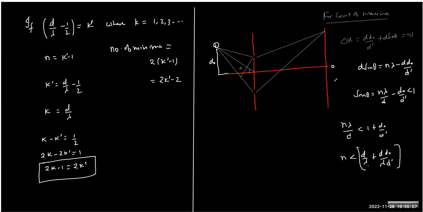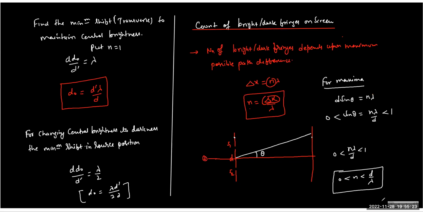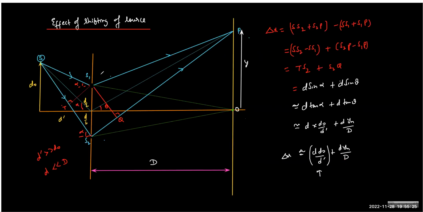Yeah, so this is how we solve the question of modified YDSE. They will ask you how the fringe pattern will shift when you move the source upward. The answer is the fringe pattern will shift downwards.